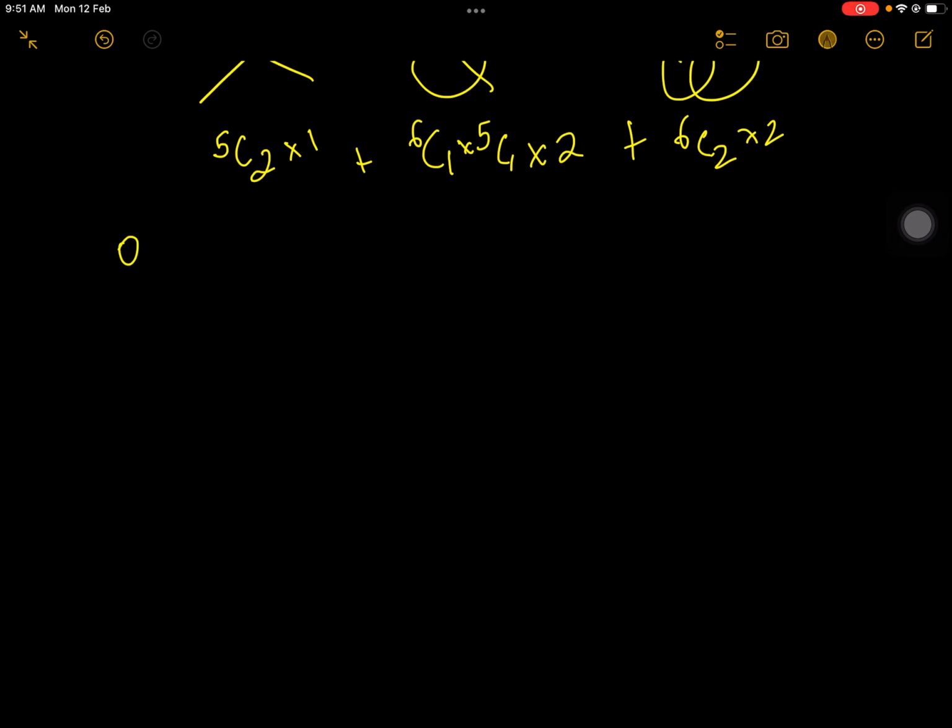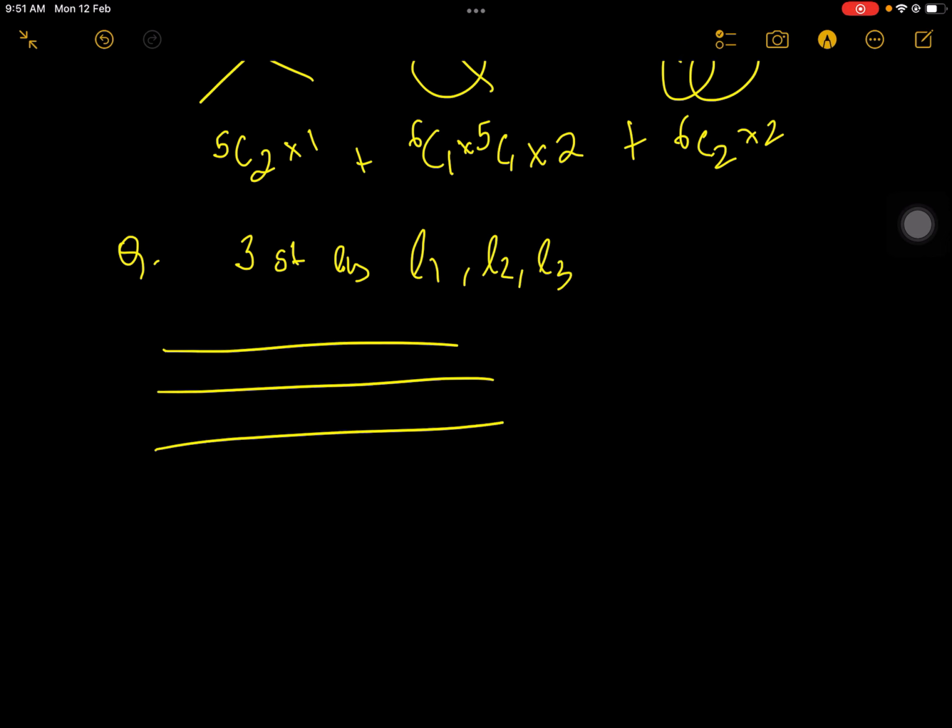So the next question is, there are 3 straight lines L1, L2, L3 such that they're parallel. 5 points are on L1, 6 are on L2, and 7 are on L3.